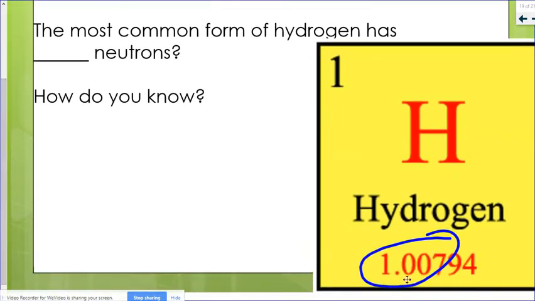And if you look at this mass number, that will tell you how many neutrons most hydrogens have. And you would know that that's 0 because the mass number is 1. If we have 1 for the proton, that doesn't leave anything for the neutrons. So most of the isotopes of hydrogen are hydrogen 1.